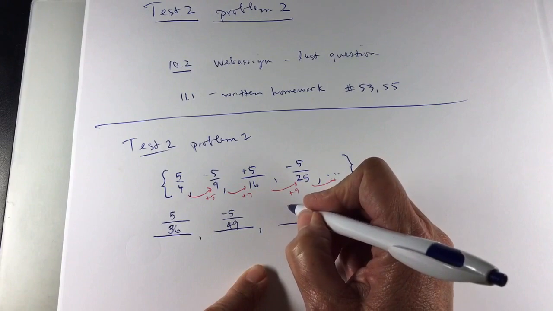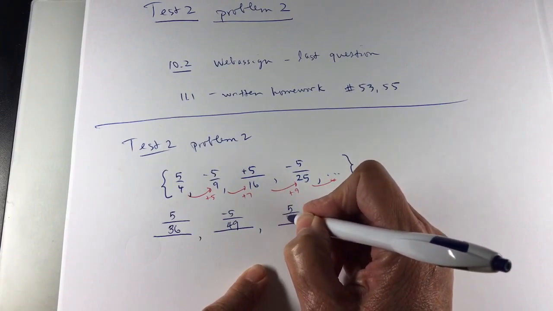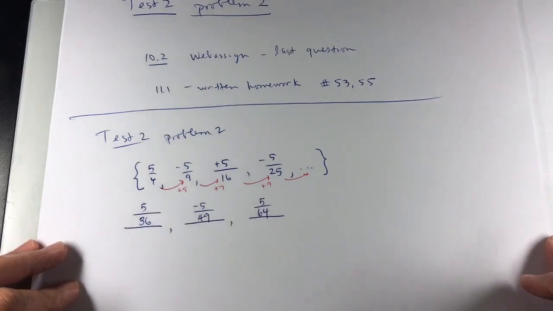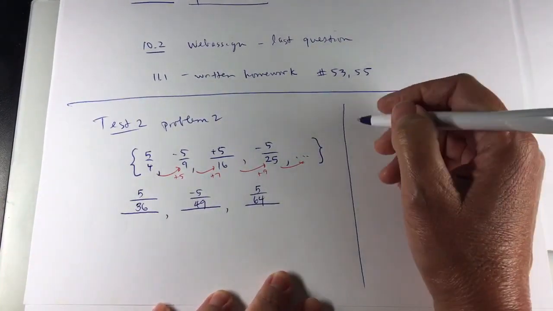What's the next term going to be? 5 over 64. So to write the expression for the a sub n term, I'm going to use the squared pattern, although you could work through it either way.